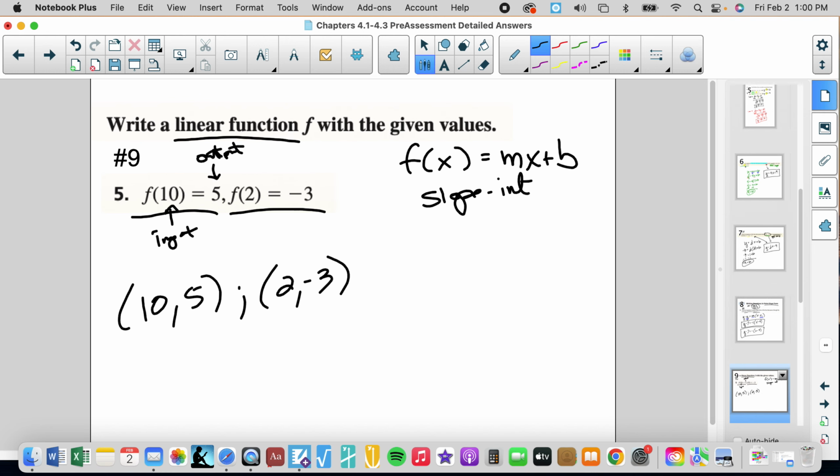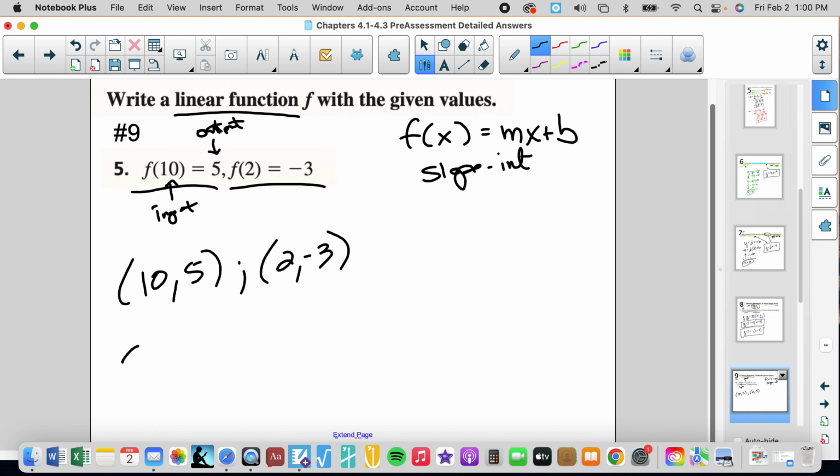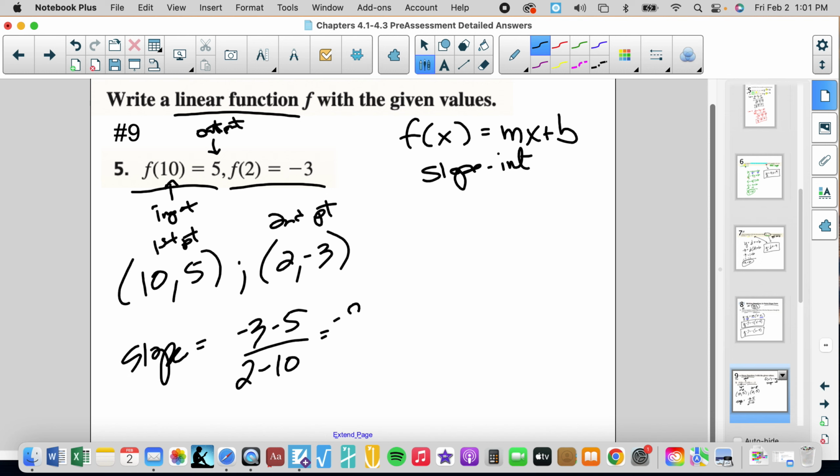Because now we have 2 points and we can find the slope. So the slope is going to be -3 minus 5 over 2 minus 10. This is my first point. This is my second point. And we're going to subtract the y's over the x's. We get -8 over -8, which gives me a slope of 1.